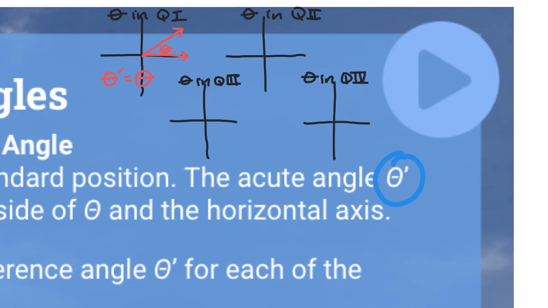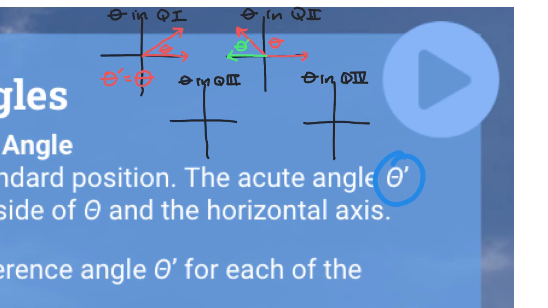Now the next scenario is if the original angle is in quadrant 2. So if the original angle is in quadrant 2, then the closest x-axis would be the negative x-axis. So this angle would be theta prime.